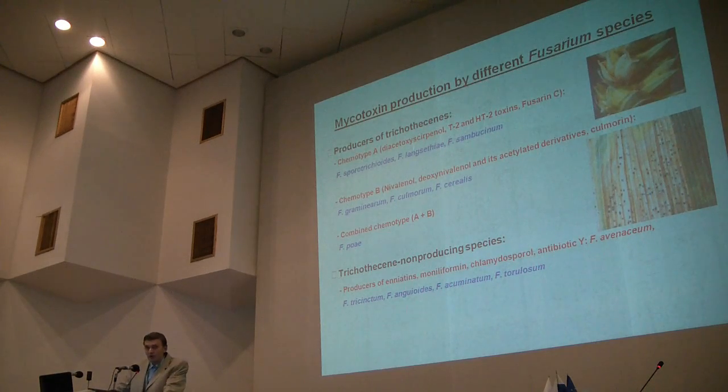Fusarium species produce mycotoxins such as trichothecenes, deoxynivalenol, T2 and HT2 toxins, nivalenol, deoxynivalenol and its acylated derivatives, and enniatins, zearalenone, moniliformin, and others.